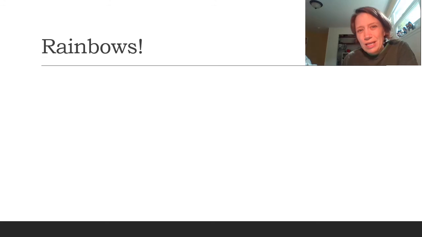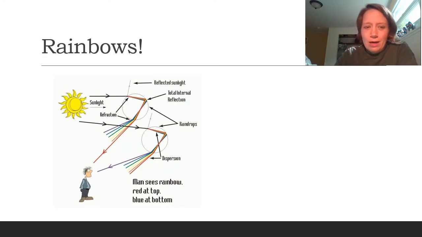Rainbows, it turns out, are a tidbit more complicated than prisms. They actually use reflection in addition to refraction, so we're actually talking about the second order reflection, but it is a similar idea. You can see when that sunlight hits the top surface of that raindrop, the white light comes in together and it starts spreading out, and every time we go through a surface, we spread out more.